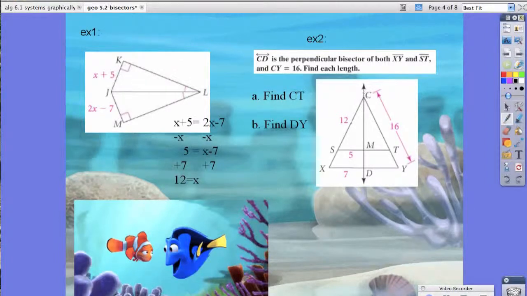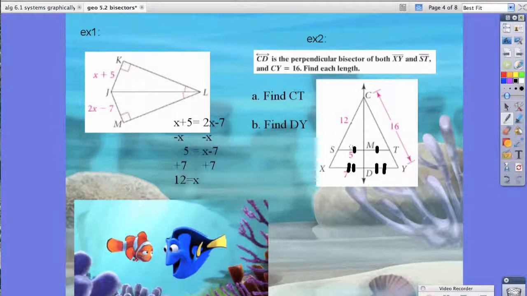Now, because CD is the perpendicular bisector for line segment XY and line segment ST, it means that these two line segments are congruent, and these two line segments are congruent. Now notice the different tally marks that we're putting in, because the one on SM is not congruent to XD, which is why we differentiated by putting two different types of tally marks.